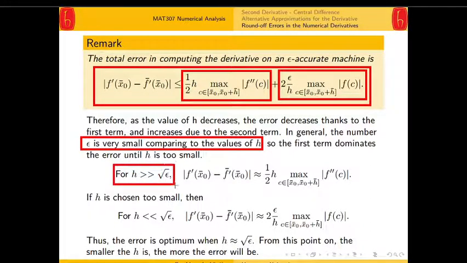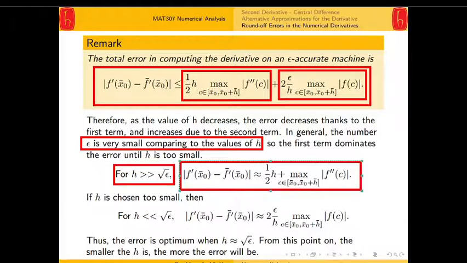For example, if h is much greater than the root of epsilon, then the error will be dominated by this term, so the error will be approximated by this term. And if the error is close to that term, that means if h decreases, the error will decrease.